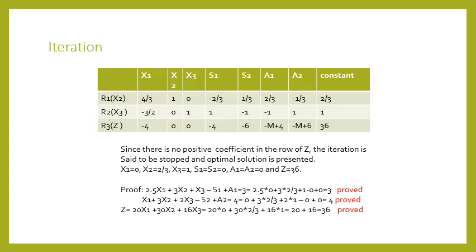Correct, proved. The next constraint is x1 plus 3x2 plus 2x3 minus s2 plus A2 equal 4. Once x1 equals 0, plus 3 multiplied by x2, x2 equal 2 over 3, and plus 2 multiplied by 1 minus 0 plus 0 equal 4. Proved.